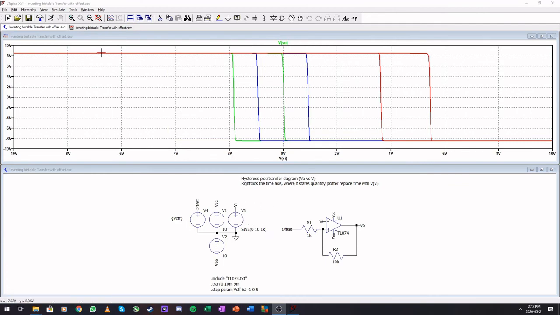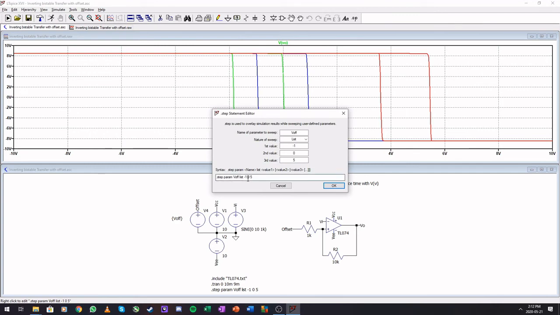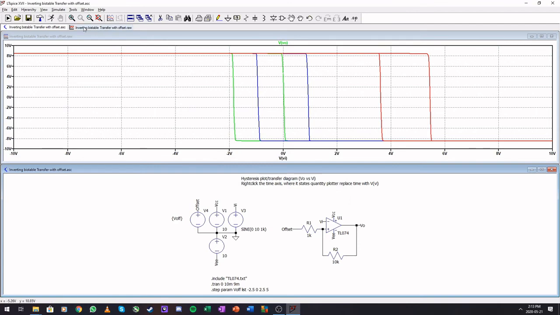The next one is the same bistable just with offset applied. So I made an offset parameter so that I can have different offsets here. Let's make this minus 2.5, 0, 2.5, and 5 volts.